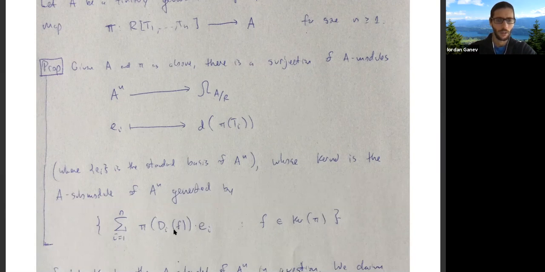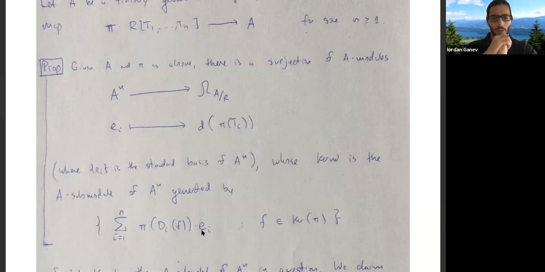We do the partial derivative of f. We apply pi, so we just think of it as an element in A. And then we put this in the ith factor of the free module. And then we take the sum over all the factors.